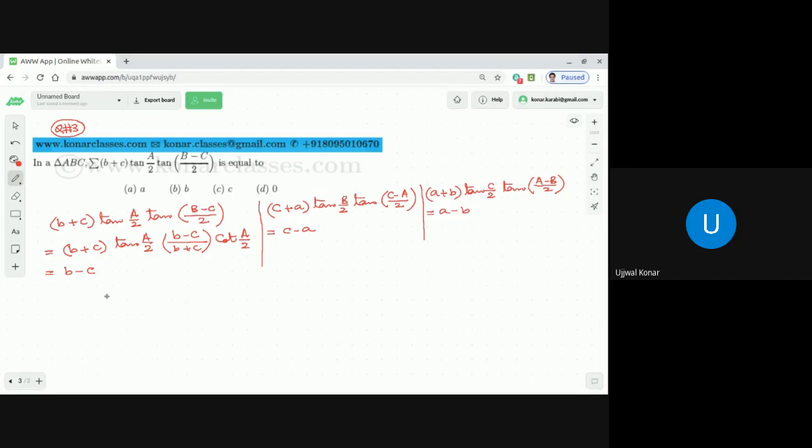So then the summation means what? The summation of all these three.